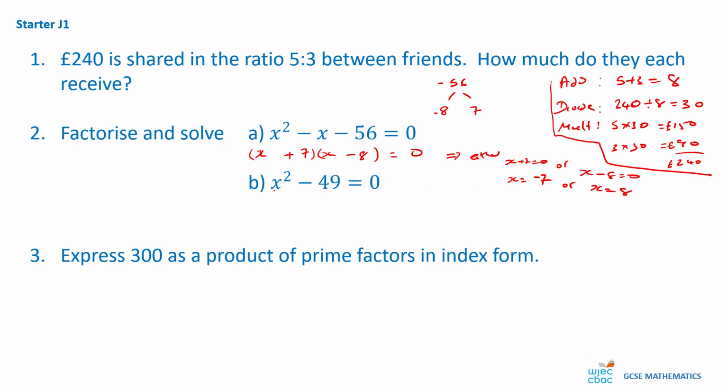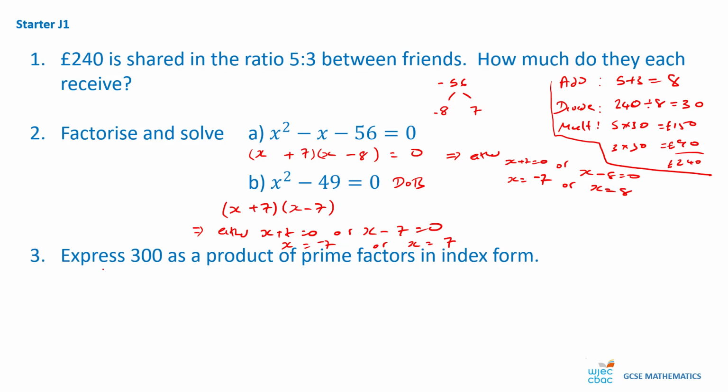And for this question here, this is a difference of 2 squares, so that's going to be x plus 7, 49 is the square number, and x minus 7. So that implies that either x plus 7 is equal to 0 or x minus 7 equals 0, which means either x is equal to minus 7 or x is equal to positive 7.